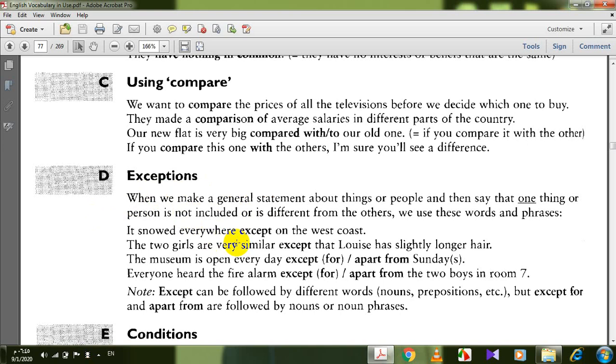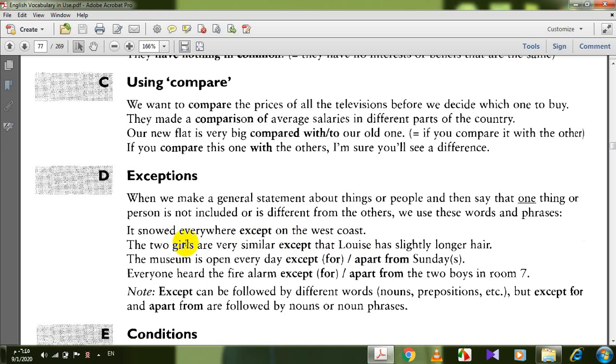So when we make a general statement about something, some people, a person or something like that, and say that something is not included, is excluded, or is different from the others, we use these words and phrases. It snowed everywhere except on the west coast.